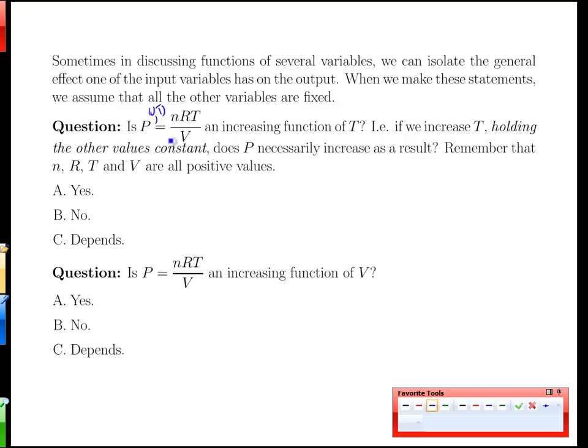In particular, can we say things like, is the pressure an increasing function of T? And what do I mean by that? If we increase T and we hold everything else constant, is it necessarily true that the pressure is going to increase? So we imagine freezing the world and just dialing up the temperature. If we do that, what happens to the pressure?